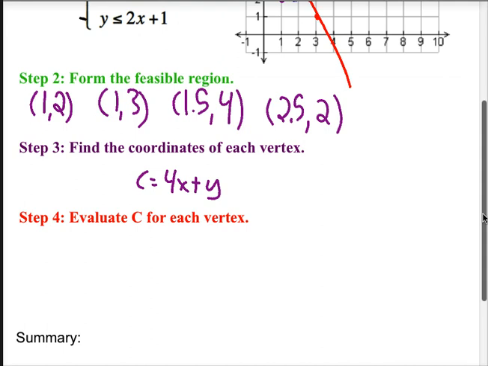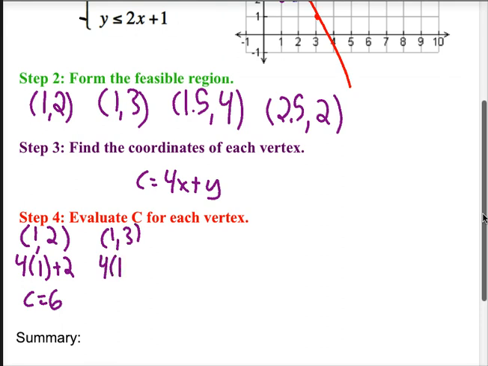So for 1, 2, the C value is going to be 4 times 1 plus 2. So my C is going to be 6. For 1, 3, I'm going to get a C of 7.